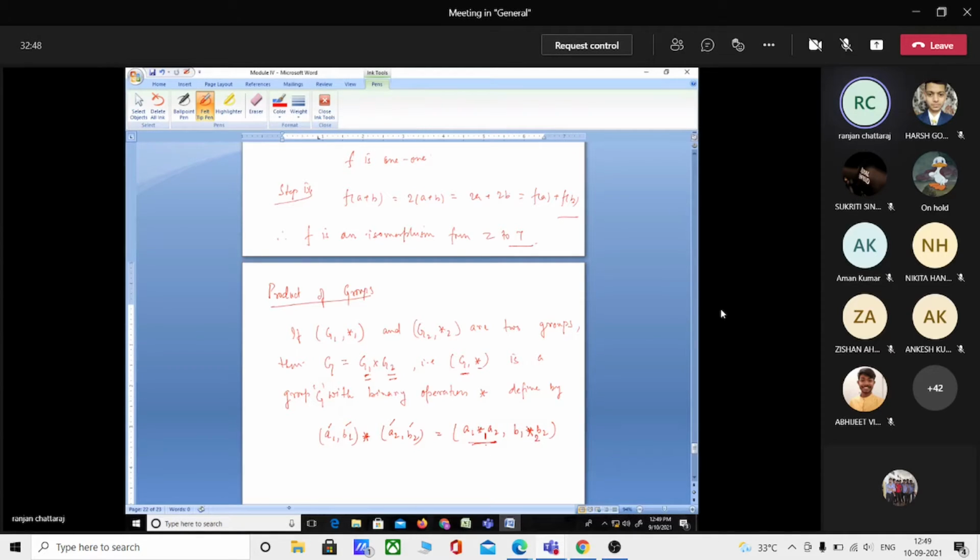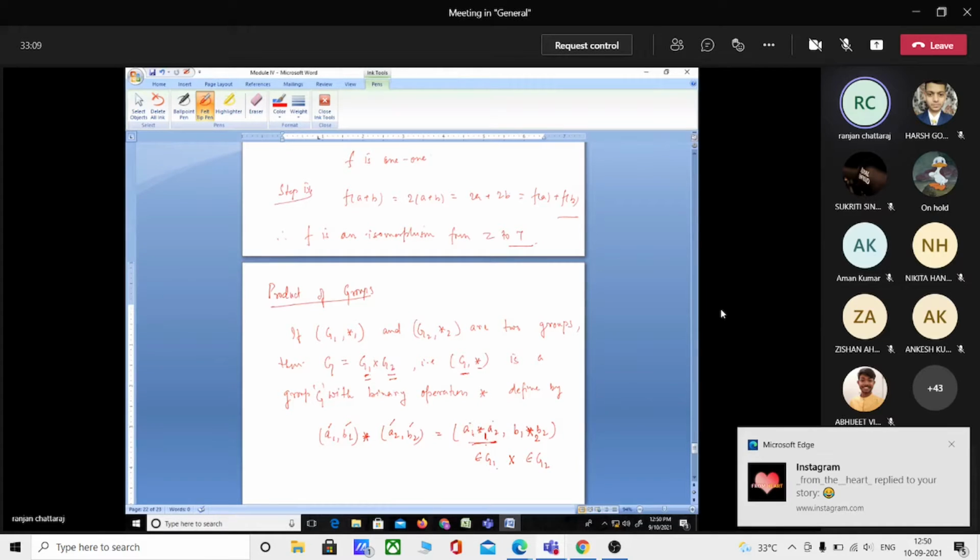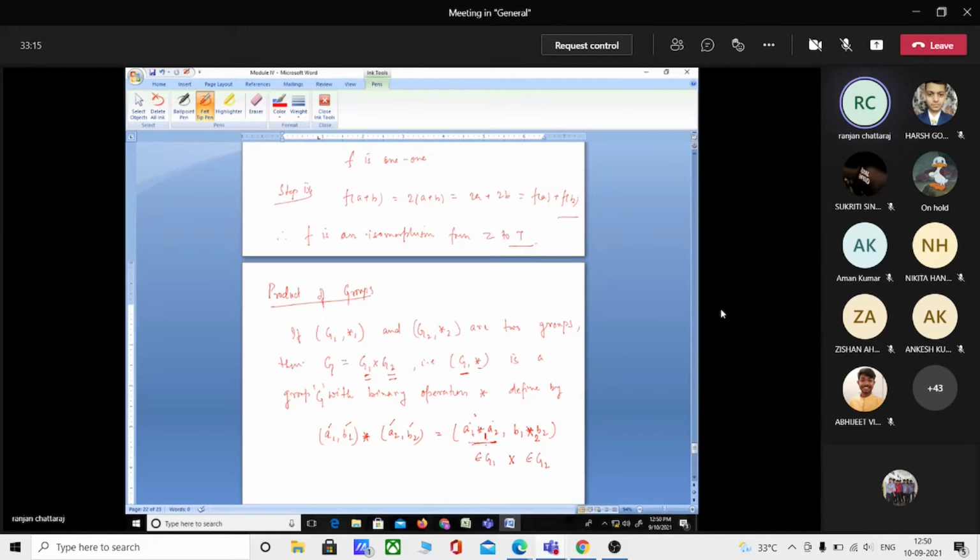Prove that A1 and A2 are the elements of G1, and since G1 is a group with binary operation asterisk 1, A1 asterisk A2 also belongs to G1, and this also belongs to G2. So when you take the cross product G1 cross G2 that constructs the G, these elements are the elements of G.